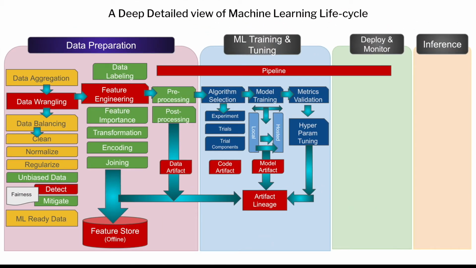At this time, we could say that the code artifact, which is related to your machine learning training, like algorithm selection and several other things, even the parameters and what their values were and the range, and your model artifact, all that information can be stored in a component such as artifact lineage.